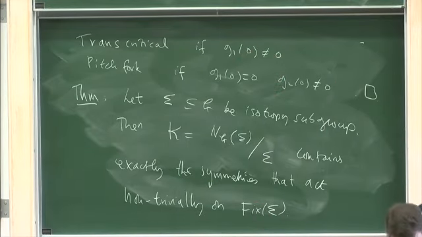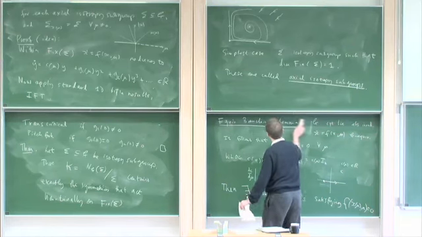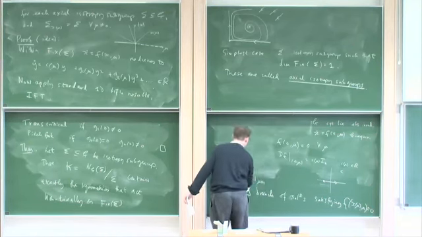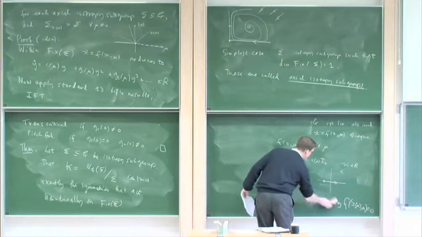So the normalizer is the largest subgroup of G that maps fixed sigma to itself.